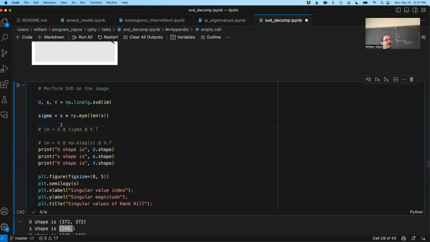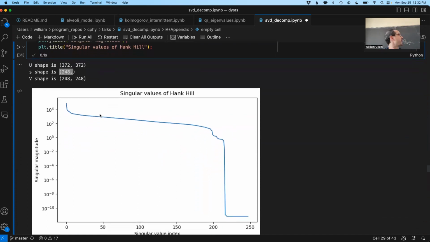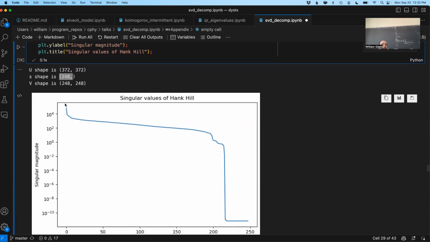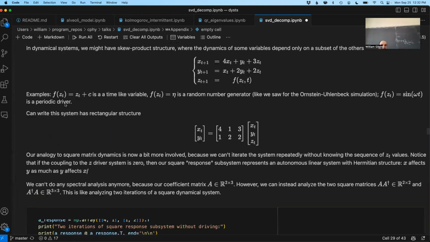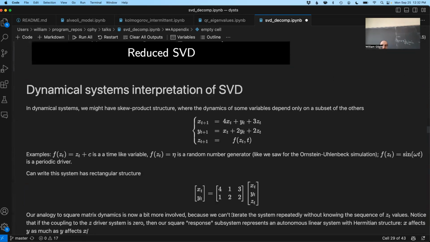So all I'm going to do is I have this series of sigmas, and I'm just going to plot what the different singular values are of Hank Hill as a function of their index. Okay, and I'm going to do this on a logarithmic scale. So these are the diagonal elements of this sigma matrix that correspond just to these values here.